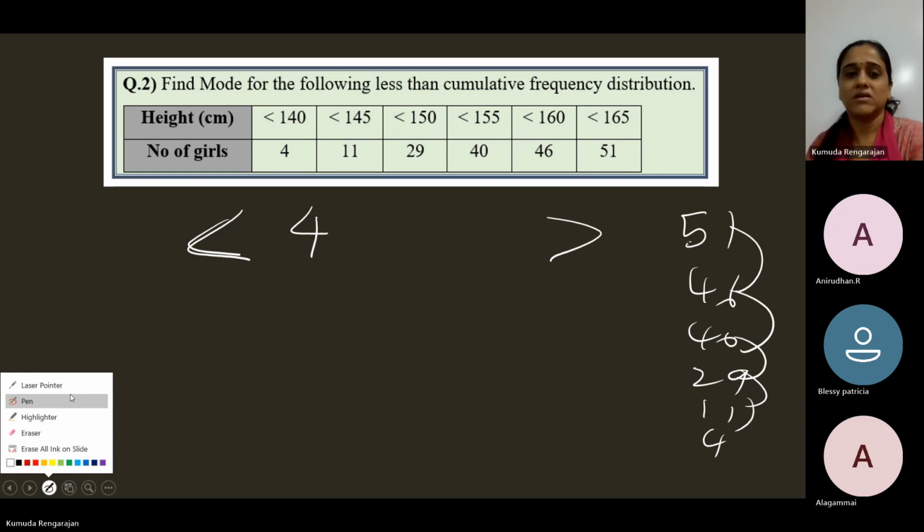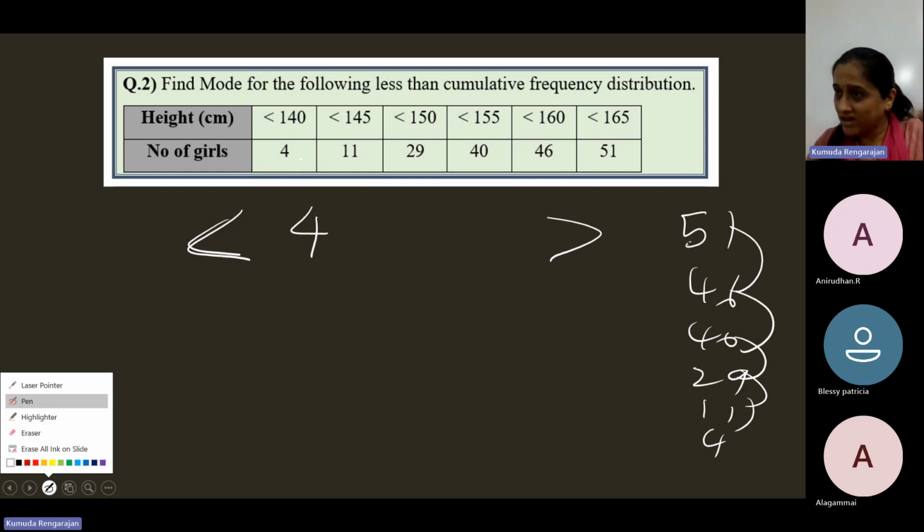You understand? If it's in ascending order, small to big, 4, 11, 29, 40, write the first one as it is and then subtract. If it is in descending order, big to small, don't write the big value as it is, 51. Keep subtracting, and write the last one as it is.